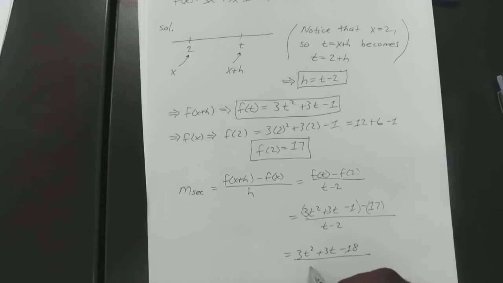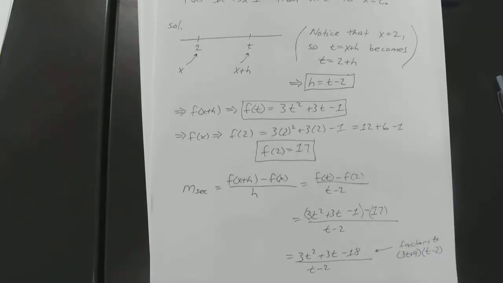Now, if you combine those two, you'll end up with 3t squared plus 3t minus 18. Then you can factor that, because this actually factors: 3t plus 9 times t minus 2.